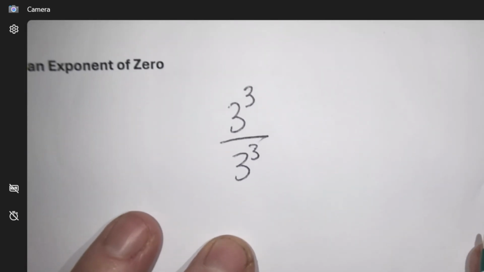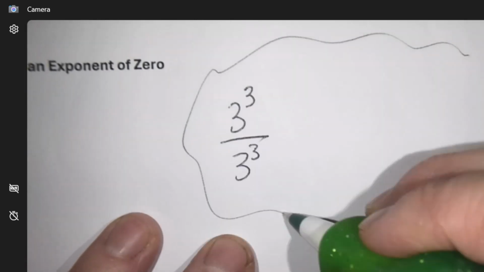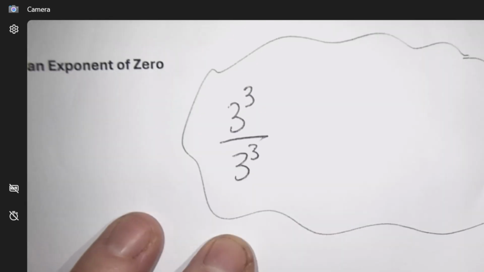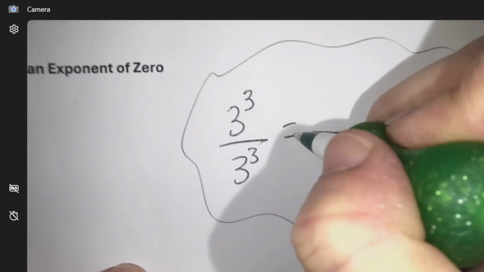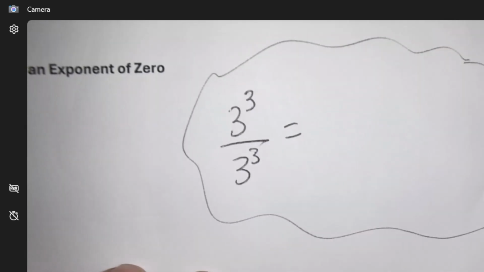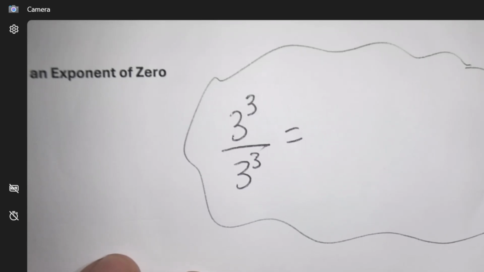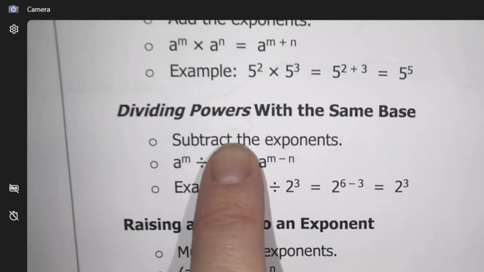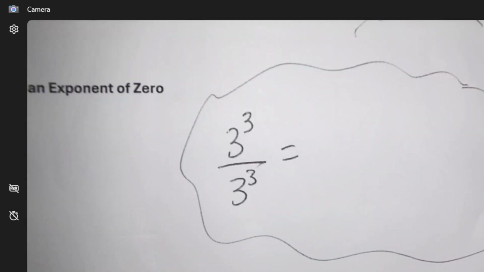Here's just a random example. What do you get when you apply the rules? What's the rule with division? I have to do what to the exponents? If you divide, you subtract the exponents.